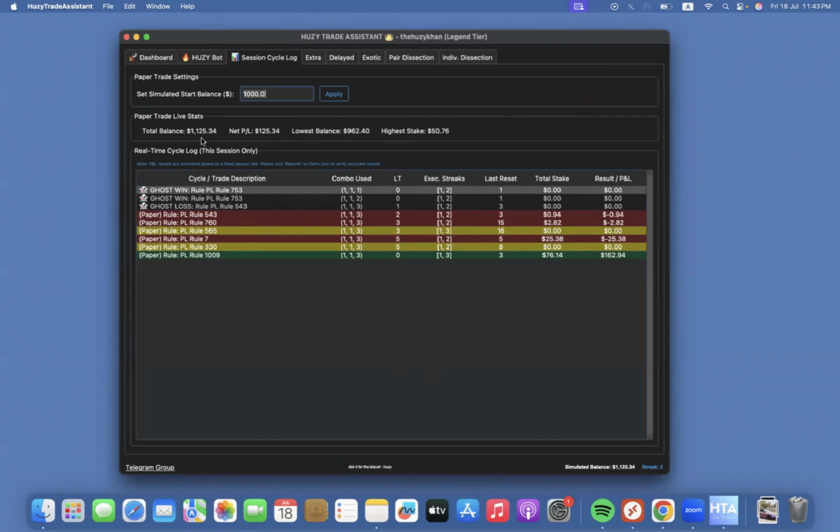Okay, so paper trade live stats: it's going to show you the balance, the net profit and loss, the lowest balance it observed and the highest stake which was open. Then it is going to show you the LT value, which you need to keep in mind.